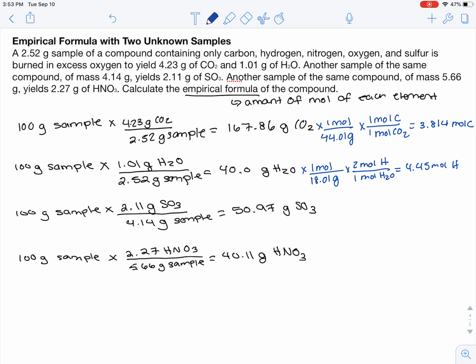Then we do the same thing for sulfur trioxide, which we can isolate for S, sulfur. And then the last one would be for nitric acid.